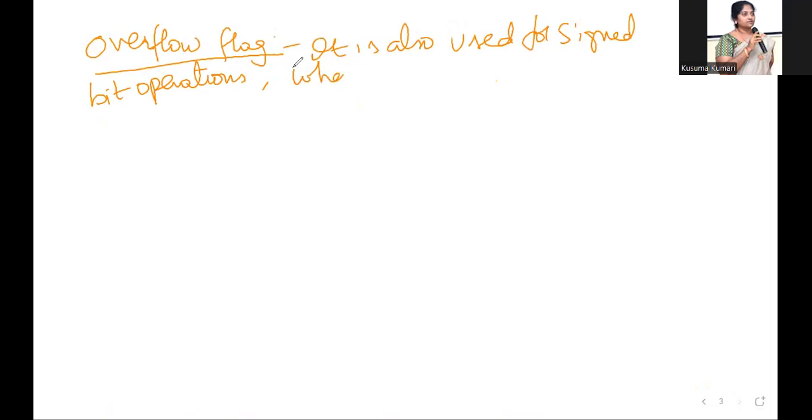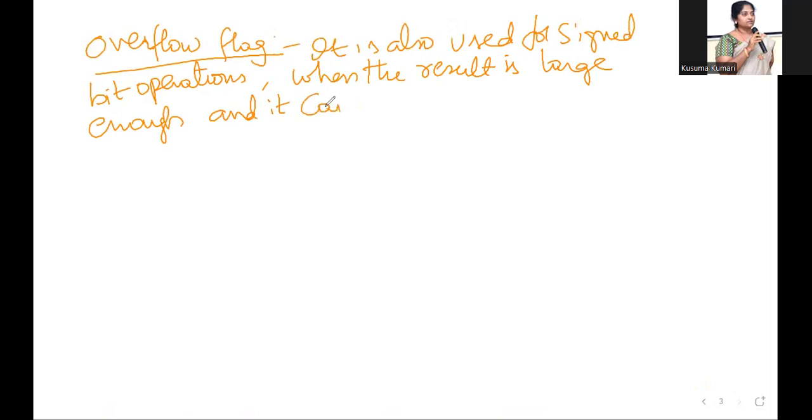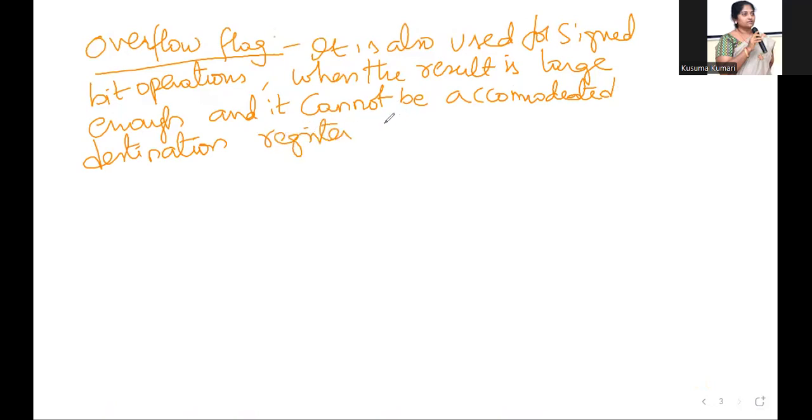So when the result is large enough and it cannot be accommodated in the destination register, then the overflow flag is set to 1.